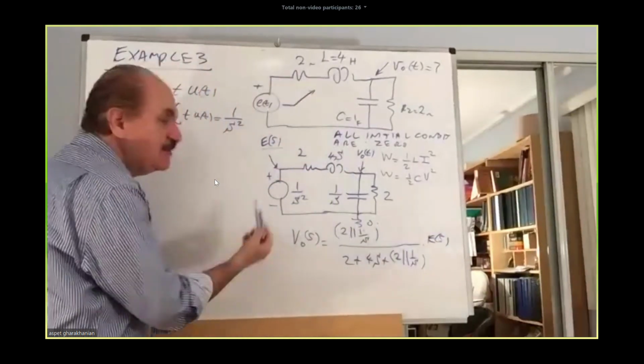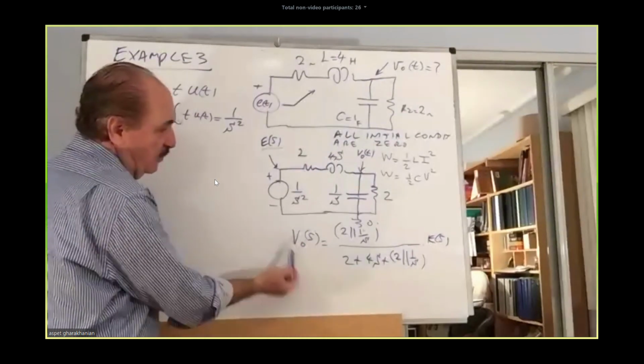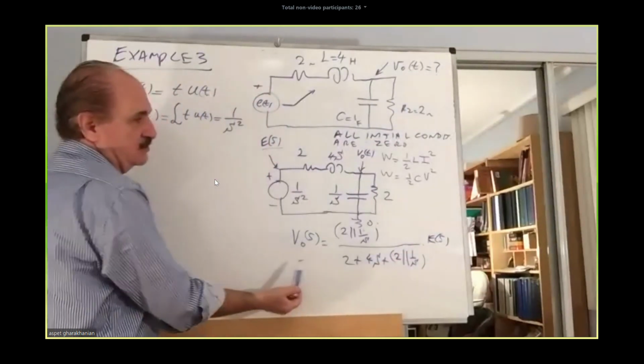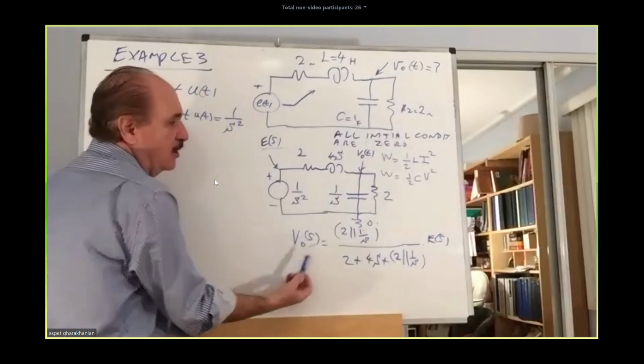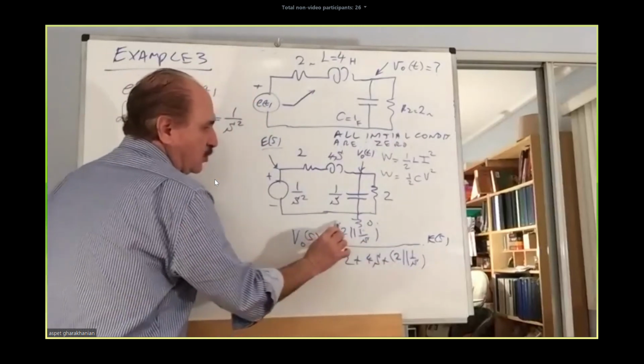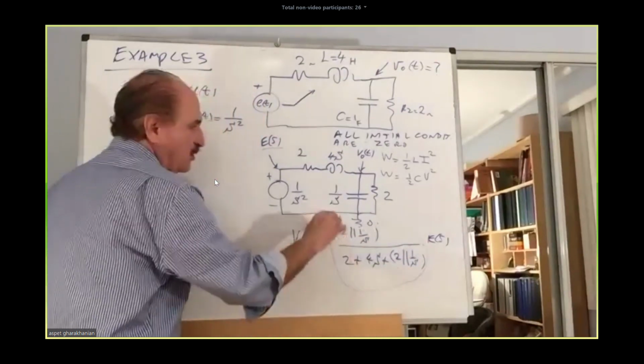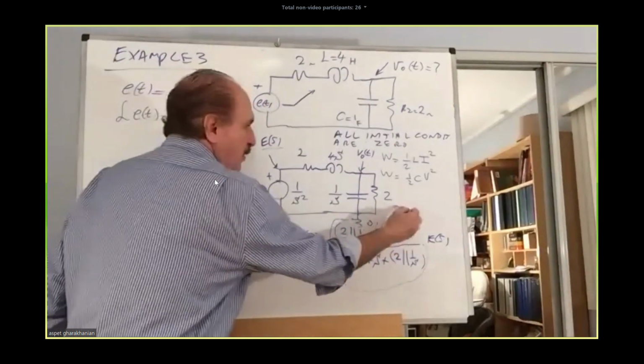Then you see immediately the transfer function comes out, VO of S over E of S. Take E of S to the bottom, the denominator, as a ratio, and you will get the transfer function of the system.